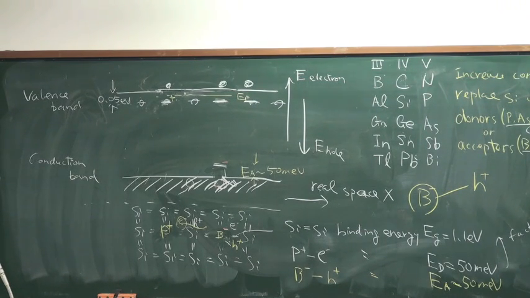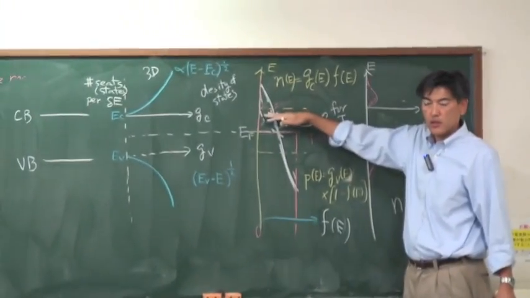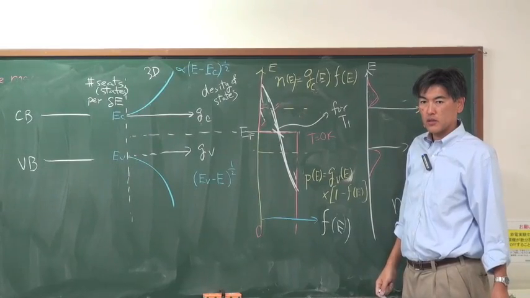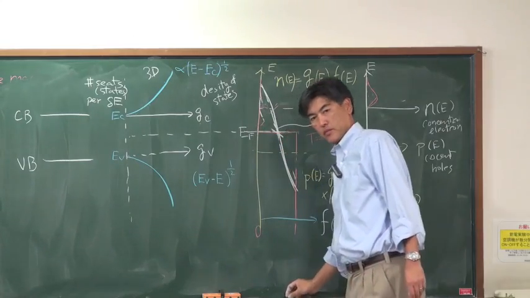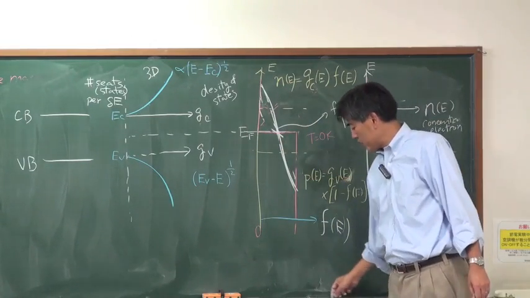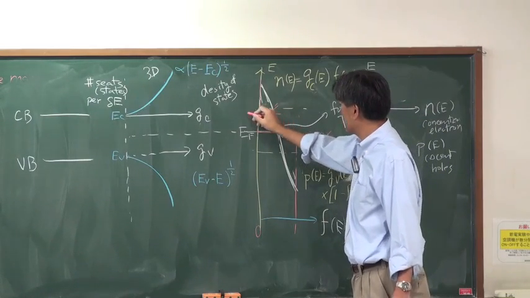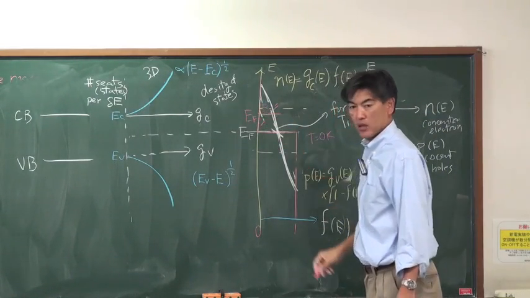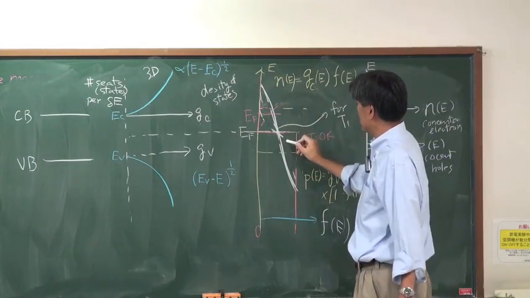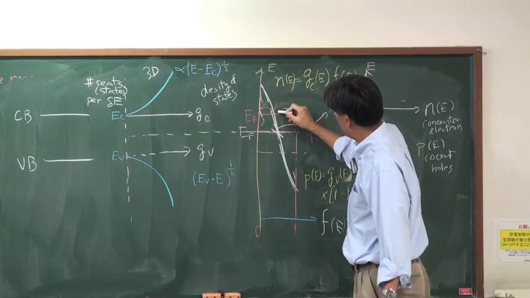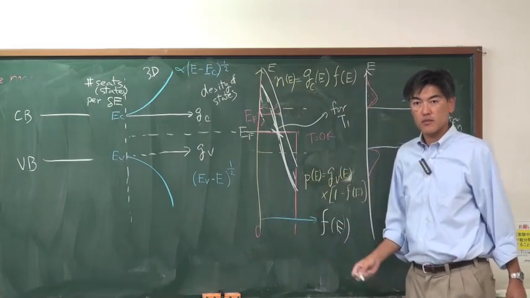So what happens if you move the Fermi level close to the donor level? We are going to shift, in this diagram, the Fermi level close to the conduction band. The Fermi level is now shifted, and the whole curve is shifted by this much, so it's going to be shifted like this, right?